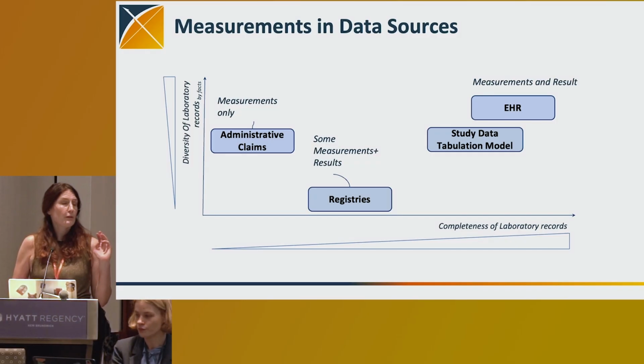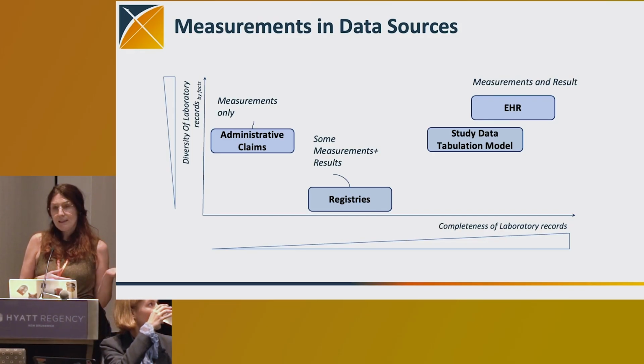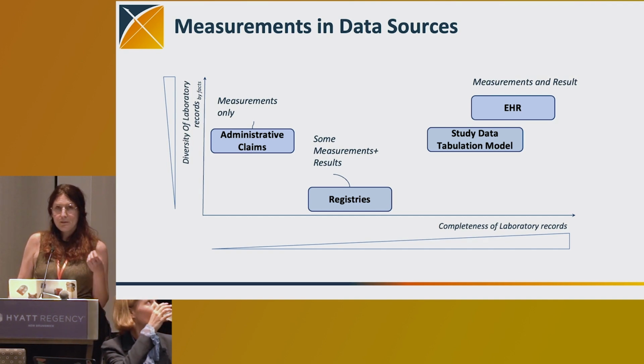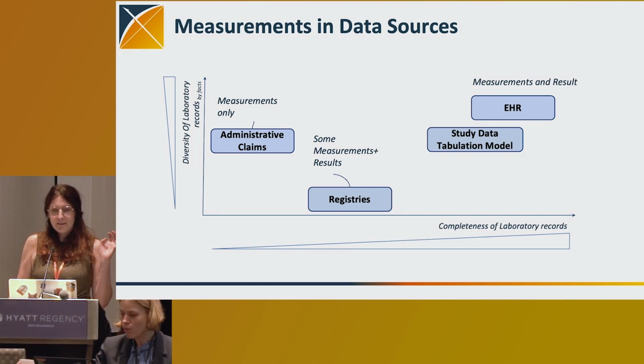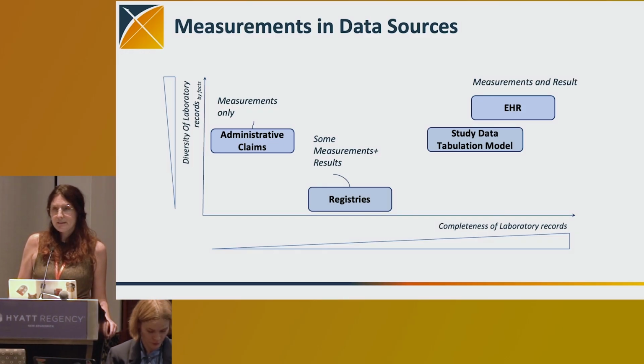For example, if your source data come from claims, for example CPT4 maybe, then you will likely see only the record of the measurement procedure, but you will not see any values for them. And on the opposite side, if we examine EHR data, likely you will see both measurements and the values.